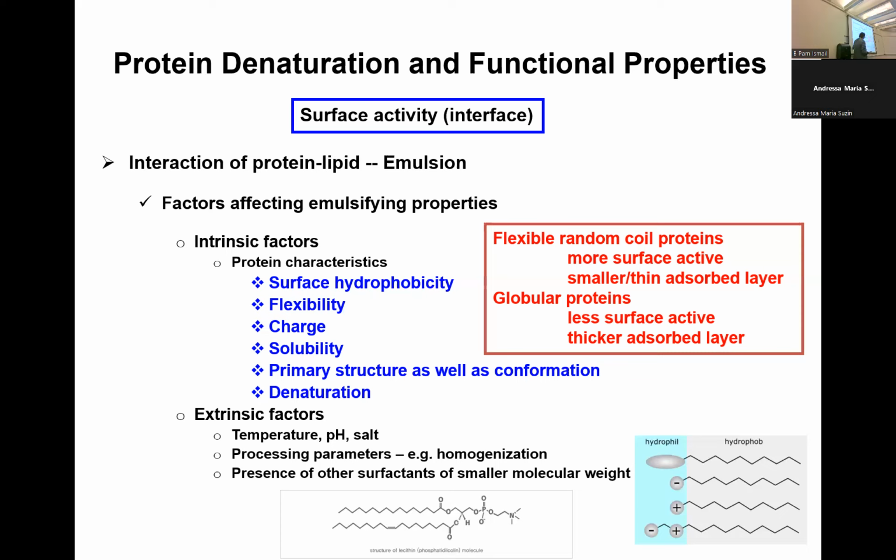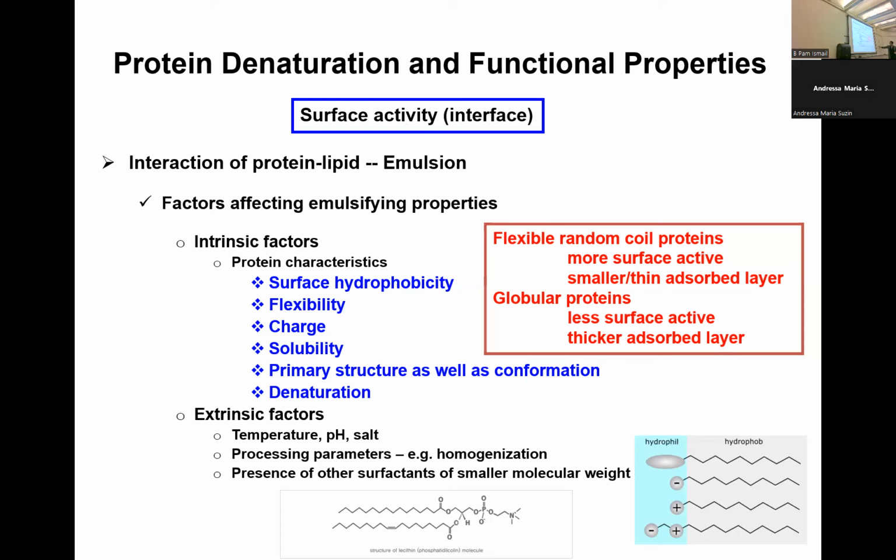Processing parameters: homogenization, how much work we need to do to get the emulsion formed. With homogenization, sometimes you hear first stage, two-stage homogenization, forming a coarse emulsion versus forming a fine emulsion. The finer the emulsion, the better or the longer the stability of the emulsion. When you have fine emulsions, that means you have very small oil droplets.